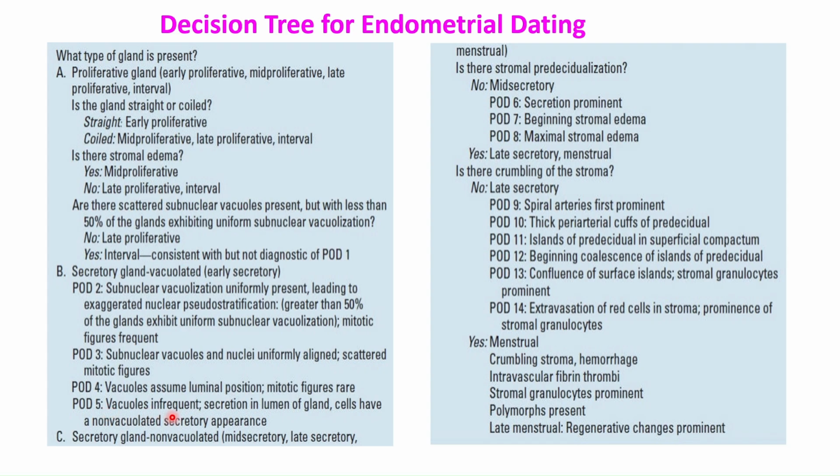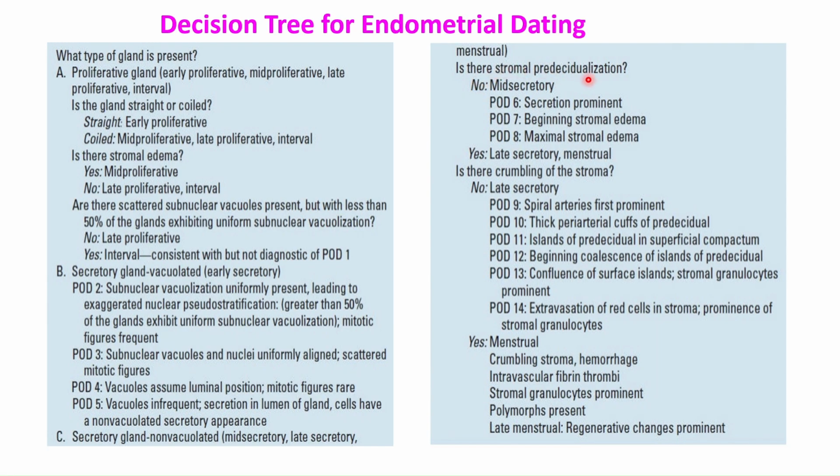POD 5, vacuoles are infrequent. Secretion in lumen of gland. Cells have a non-vacuolated secretory appearance. So secretion begins. Now see secretory gland non-vacuolated, then it is mid-secretory or late secretory or menstrual phase. Then now see the stroma.